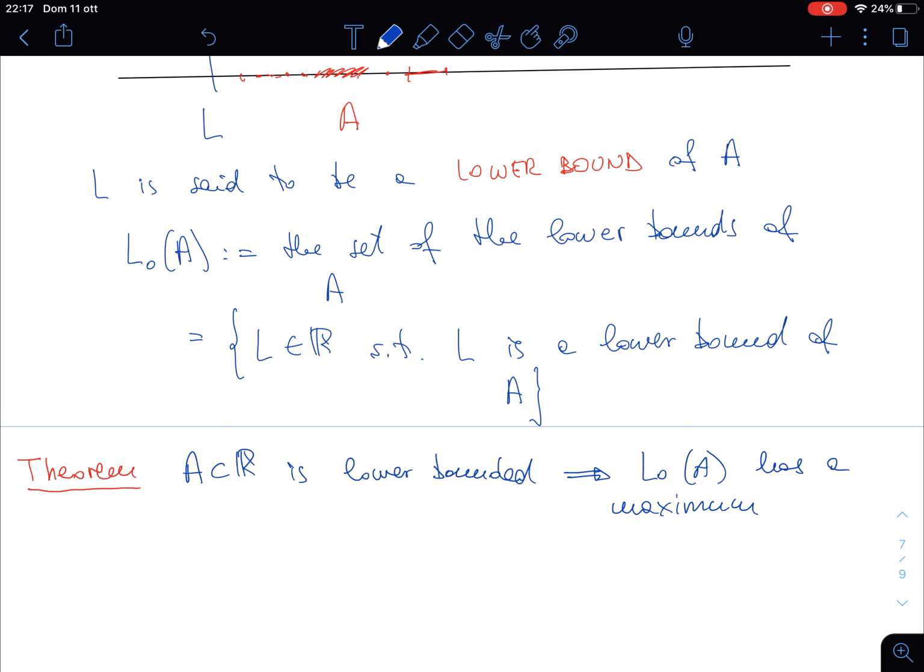The proof is left for homework because it is really analogous to the other proof, the proof that up of A has a minimum.